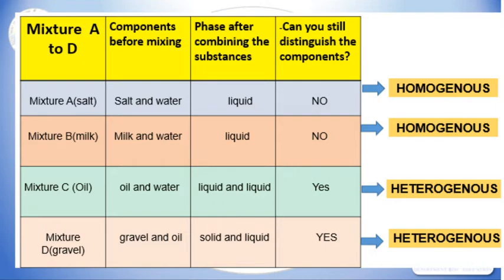Same as with the gravel and oil. Mixture C and mixture D are both heterogeneous. For the last 3 days we have been using other terms, but now we will use homogeneous for components of the mixture that cannot be distinguished, and heterogeneous for a type of mixture that can be distinguished.